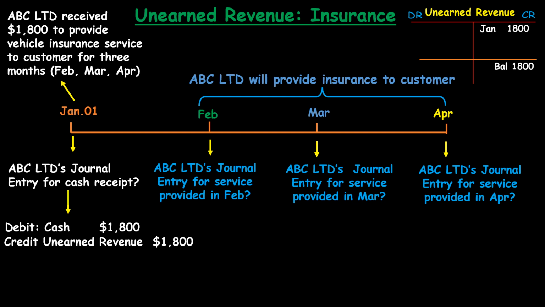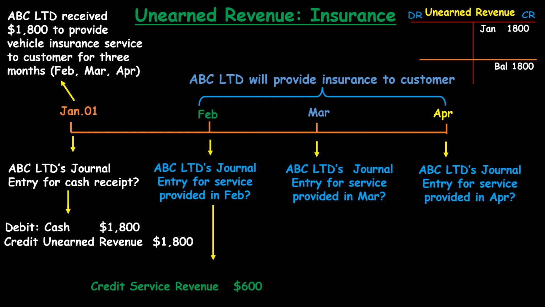Now at the end of February, ABC Limited has provided the service to the customer, so it has earned some revenue. Since $1,800 was received, that means ABC Limited earned $600 of revenue in the month of February. So it will credit revenue for $600.